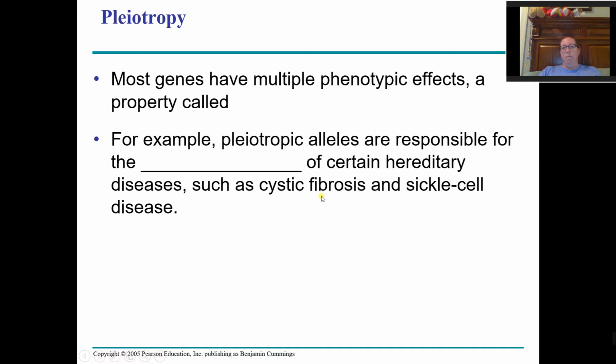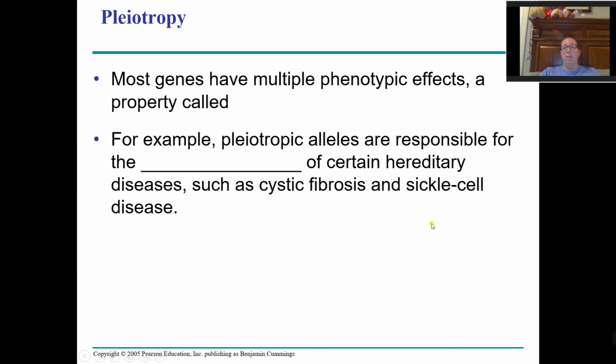The genes that confer cystic fibrosis, not everyone who has cystic fibrosis has the same symptoms. They vary. And with sickle cell disease, not everyone who has sickle cell has the exact same phenotype.